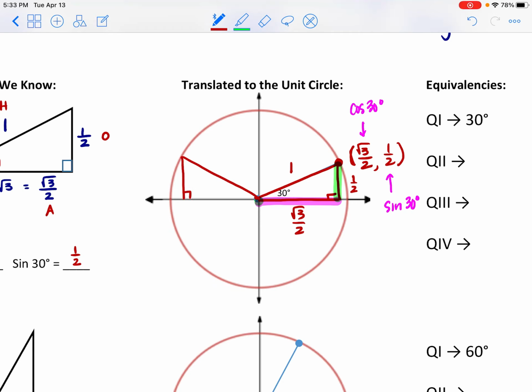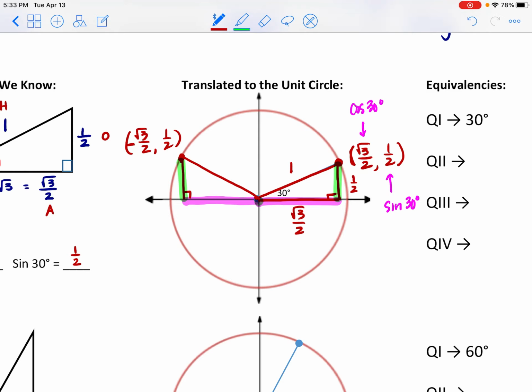Well, it's the same triangle, so all the lengths would be the same, which means the coordinates here would be the same as the coordinates on the other point, where I have a radical 3 over 2 here because this distance is radical 3 over 2, and then I would have a 1/2 here because this distance is still 1/2. The only difference is that in quadrant 2, our x values are negative. So we're going to make this a negative radical 3 over 2 and a positive 1/2.